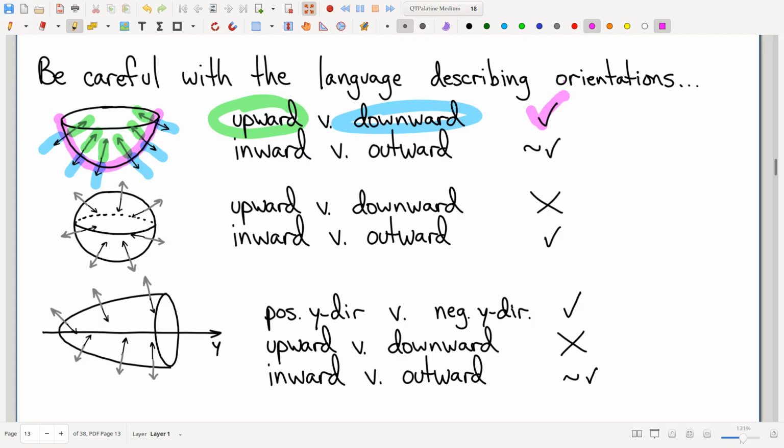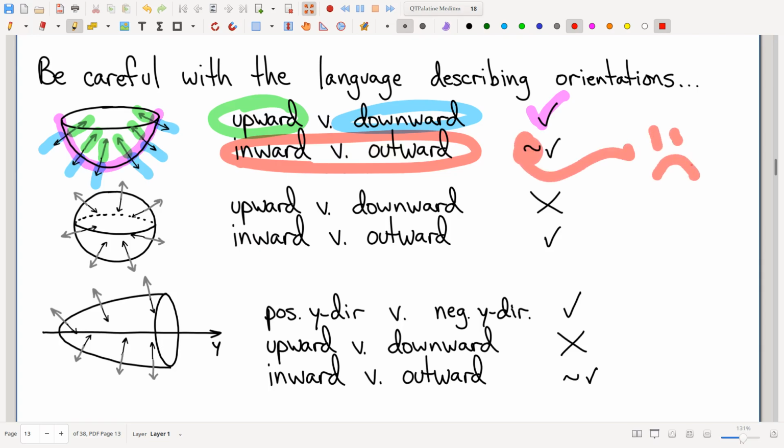Do be careful with alternatives. Some people would say inward versus outward. A case could be made that the green one is kind of sort of inward, and the blue one is kind of sort of outward in some sense. I have a little bit of a quibble on this. I mean, it's not wrong, but it makes me uncomfortable because there is no inside.